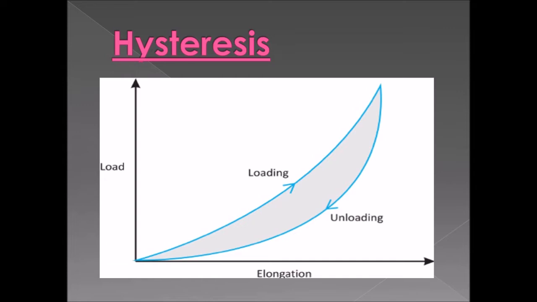Okay, so suppose we are stretching, so whatever lengthening we did of the muscle, okay, so whatever energy change, energy exchange happened at that time, all of that energy will not be converted back when we remove the stretch, it will not be saved. Some part of that energy may be lost as heat. Okay, so that's why when we draw a hysteresis curve of loading and unloading of any part of the bone or any part of the body, we will observe that the loading and unloading curves do not follow the same path, just because the energy used in the lengthening of the tissue is not totally stored while it's getting its original position.